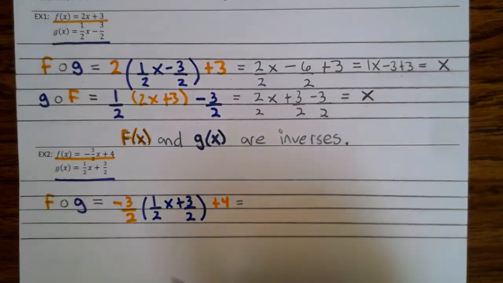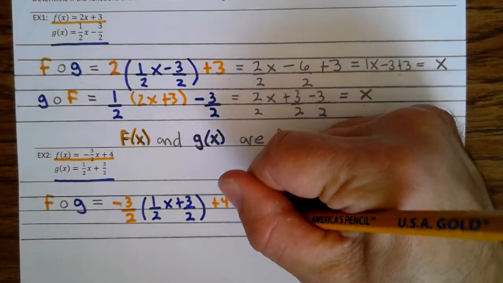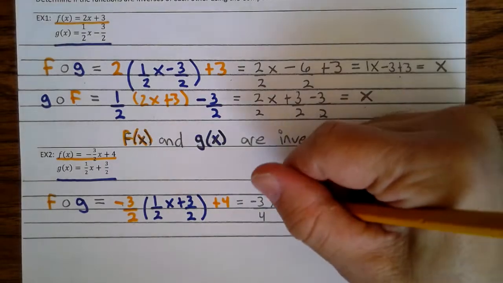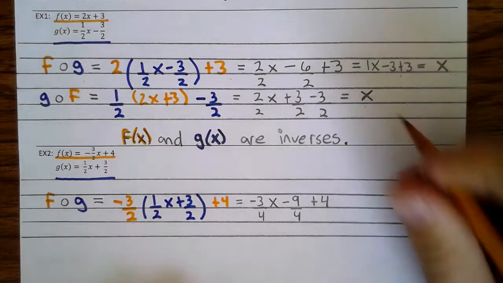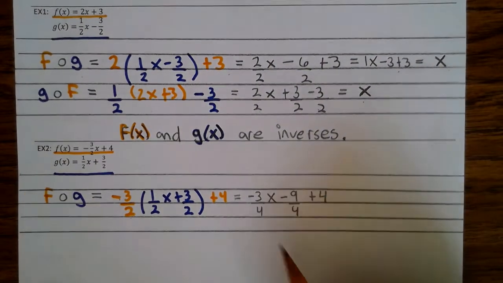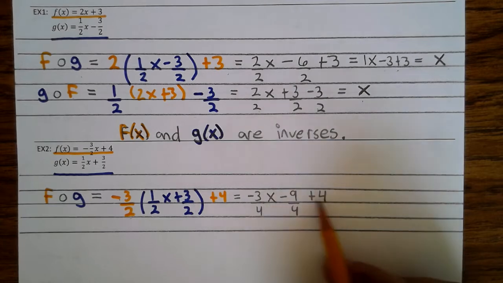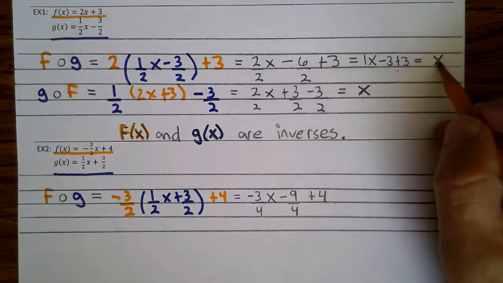Okay, so now negative 3 over 2 times 1/2 is negative 3/4 x. Negative 3/2 times 3/2 is negative 9/4 plus 4. Now, there's no way for this to reduce, and nothing in the expression will make it x. So we stop here, because if one of them is not x, then it doesn't matter. They both have to be x.